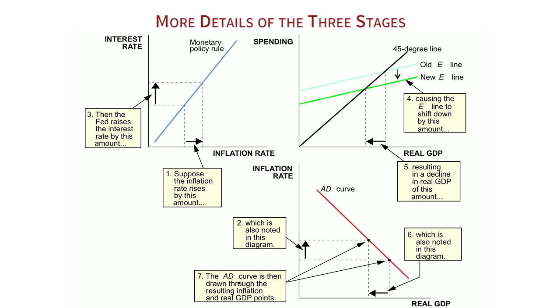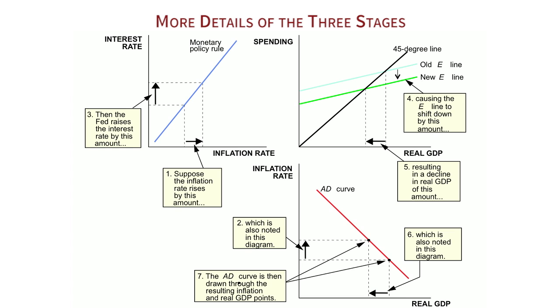So how do we do that? Well, we imagine there's an increase in the inflation rate. That's shown in box number 1. We can mark that increase in the inflation rate as shown in box 2 in the bottom diagram, as an upward movement on the vertical axis because inflation is higher.